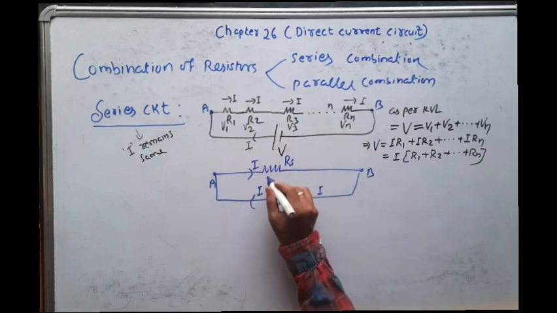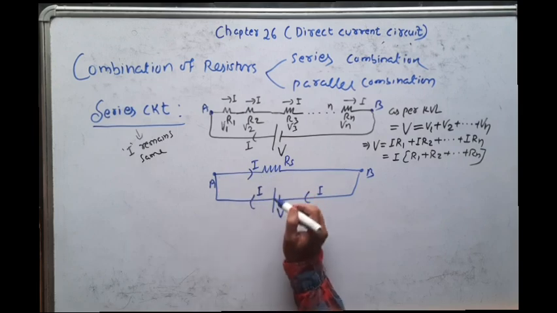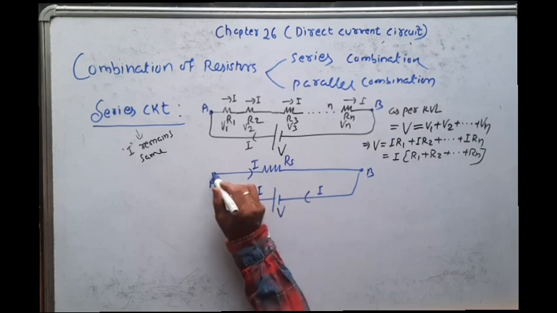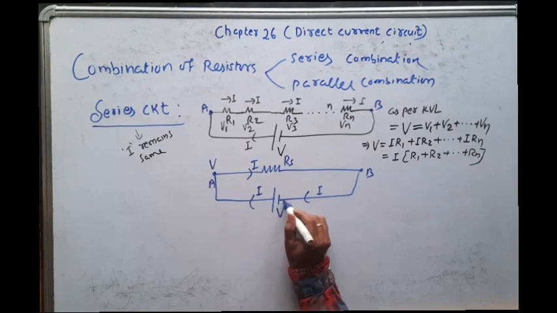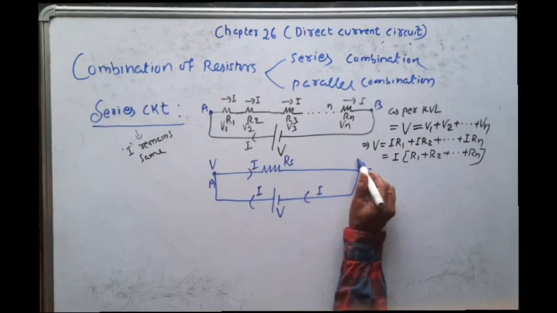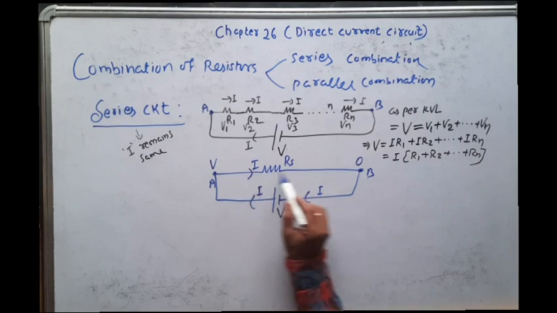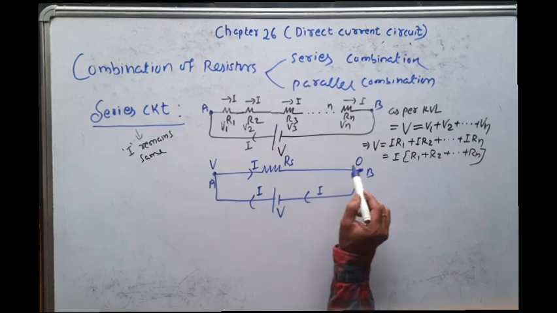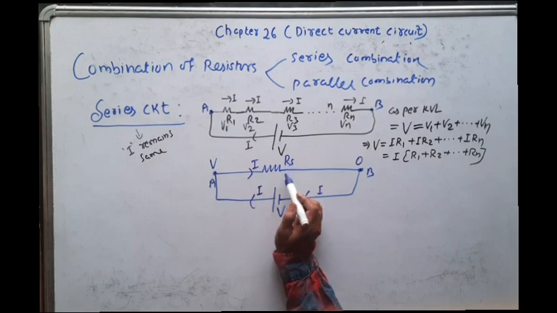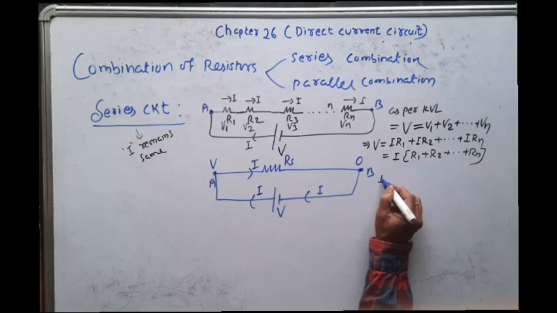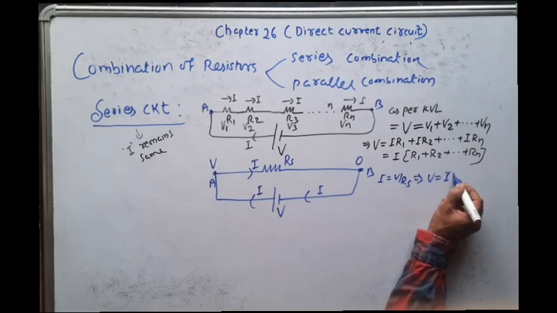Now in this circuit, what is the voltage across this resistor? It is V. This positive terminal is connected to point A, so this voltage is V, and this negative terminal is connected to this point, so this voltage is 0. So the potential difference across this resistor is V minus 0, that is V. And according to Ohm's law, I is equal to V by Rs, or you can say V is equal to I into Rs.